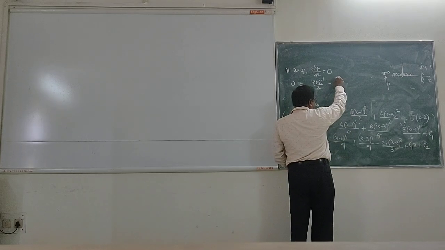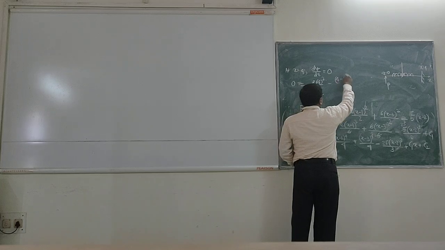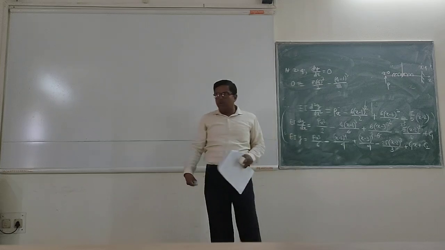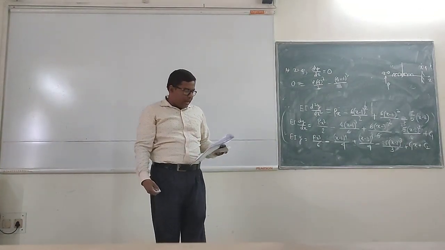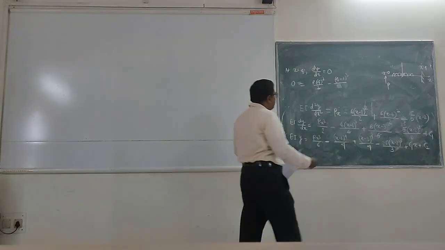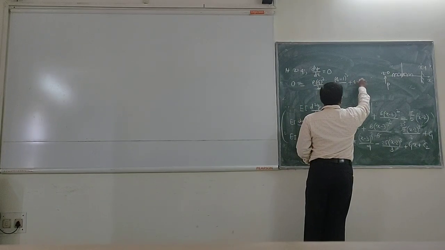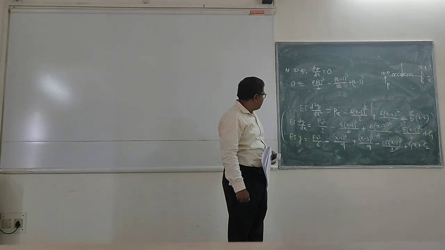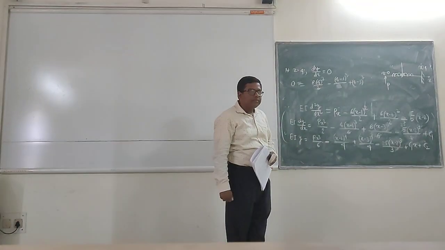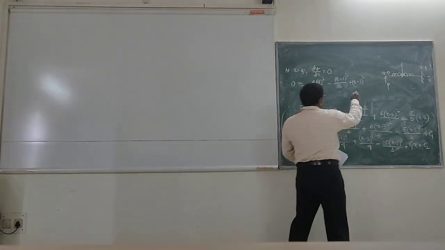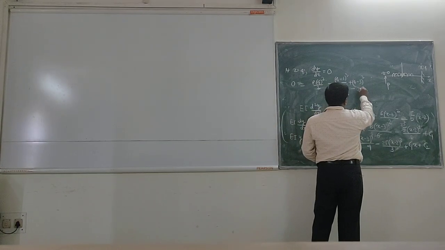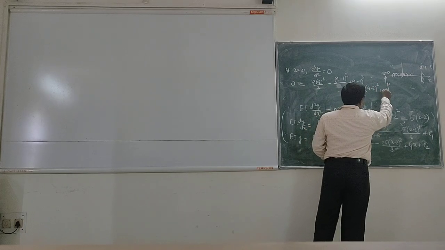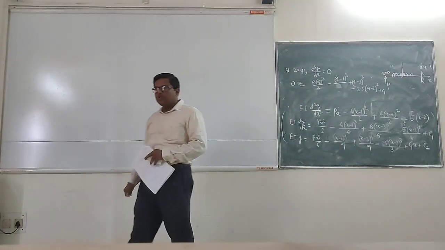So the value of x we put: 4 minus 1 whole cube by 3... whole square. Correct? Next what will be the value? Plus 4 minus 3 whole square. Correct? Next minus 2.5 (4 minus 2) whole square plus C1. Is it clear? Have you understood?